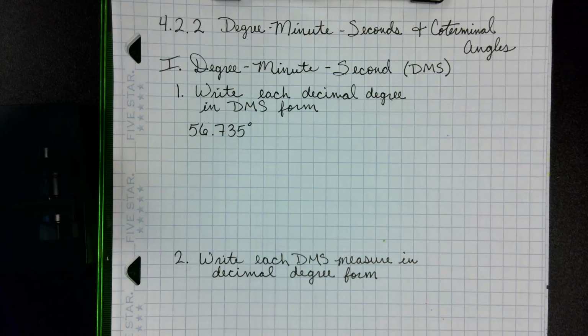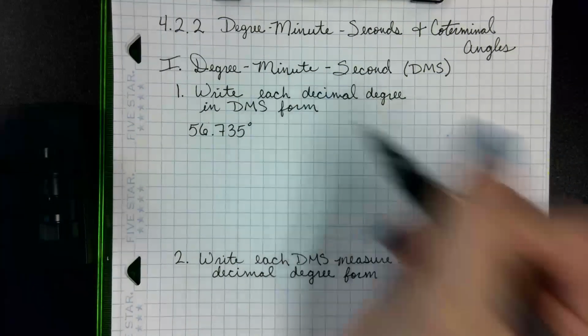The only thing I've ever seen degree, minutes, seconds in is in maps and location, like latitude and longitude. You can get a more precise location by including minutes and seconds. There may be other applications of it, but that's the one I know of, just to give you a sense of where you would see this.